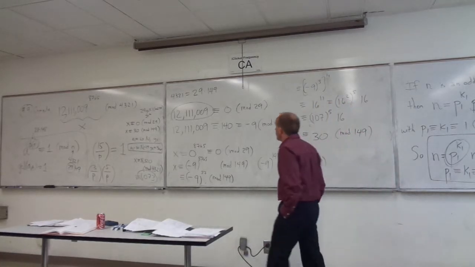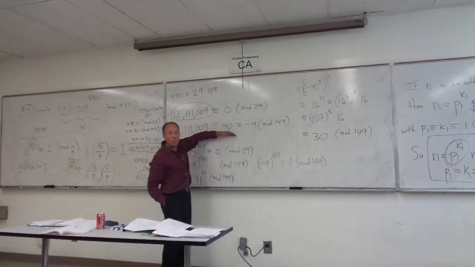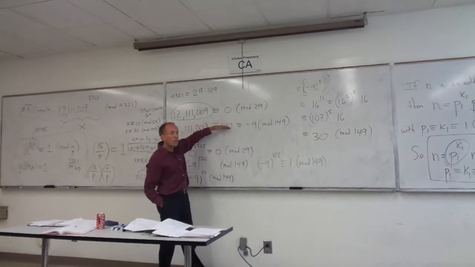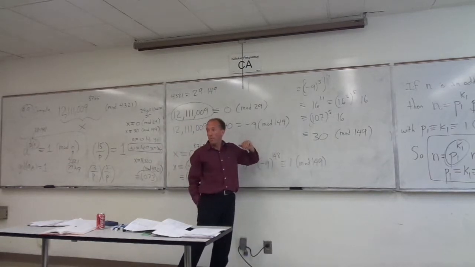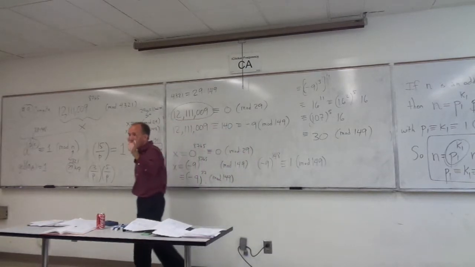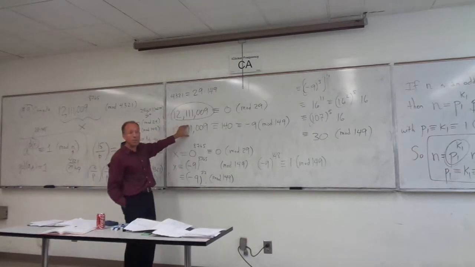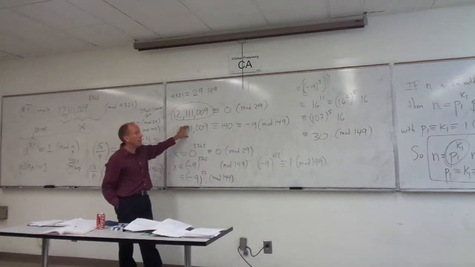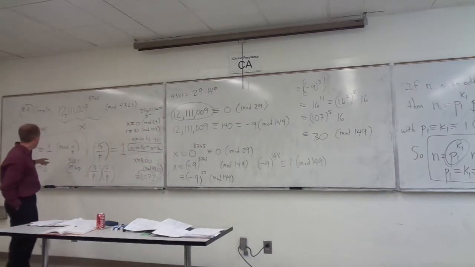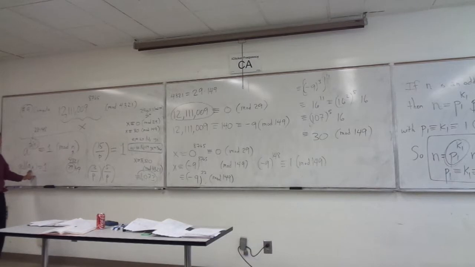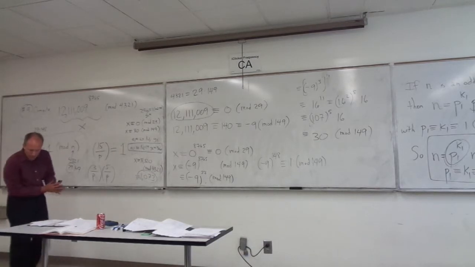This one, you really are better off splitting it into two separate equations, and then the mod 149 one is perfectly fine. There's no common factor of 149 in this number. But if we had tried to use the Euler's generalization directly here, it would not have worked, because the a and the n have to be relatively prime. That make sense? Okay.